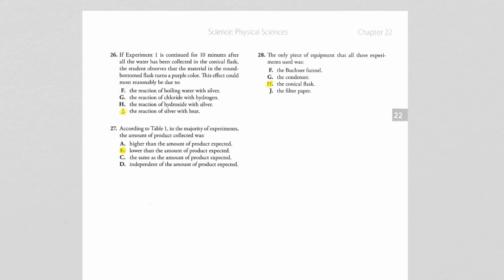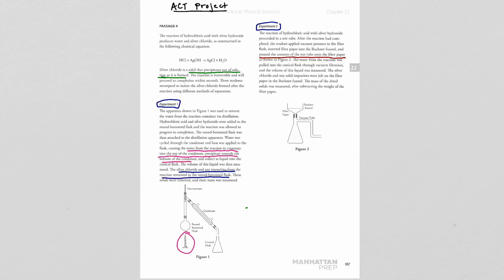Question 26 reads, if experiment 1 is continued for 10 minutes after all the water has been collected in the conical flask, the student observes that the material in the round bottom flask turns a purple color. This effect could be most reasonably due to... If we look at the diagram in experiment number 1, we see that there is heat or a flame here, which causes any water in this round bottom flask to come through the condenser and then end up in this conical flask.